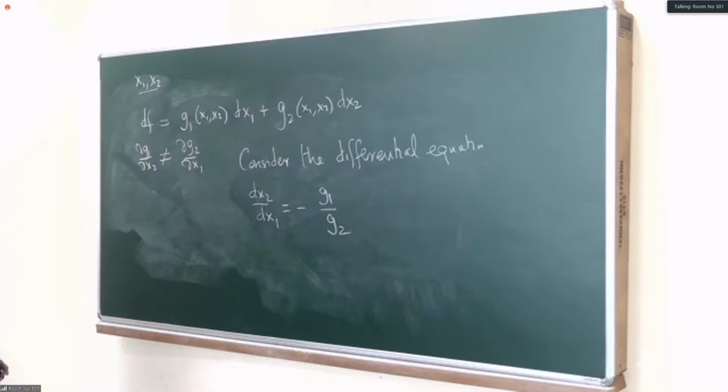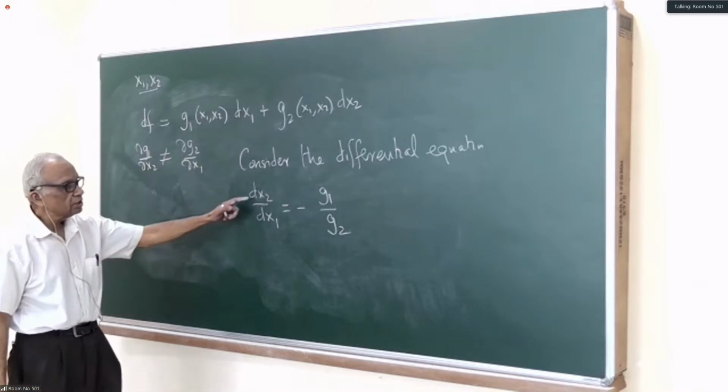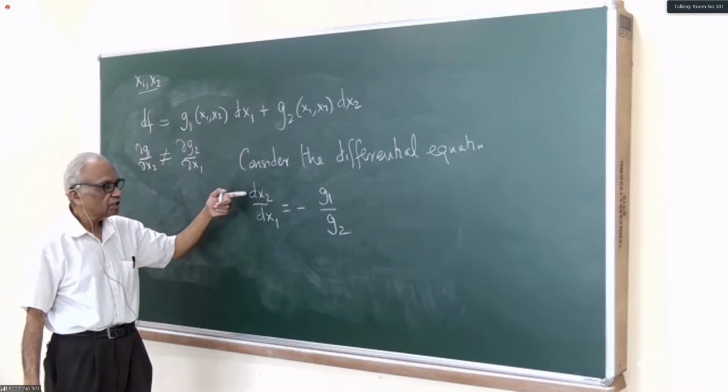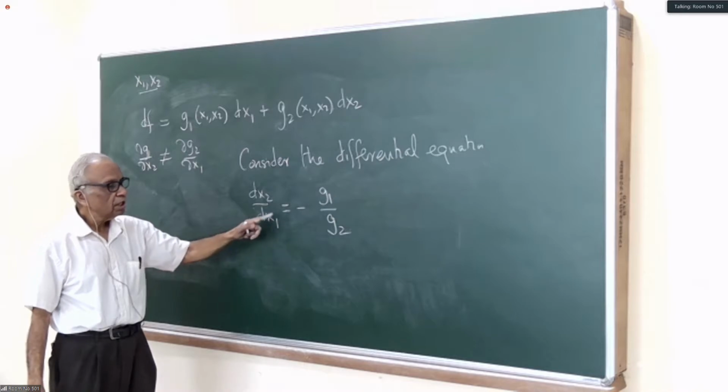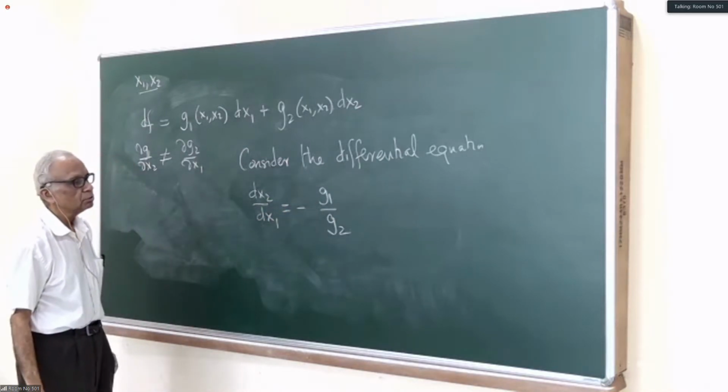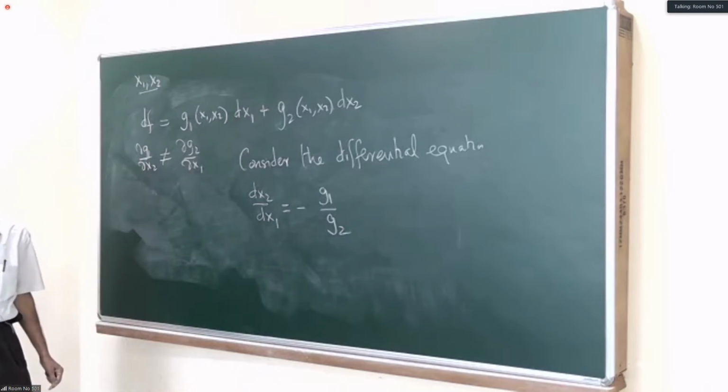So I want to consider the differential equation, which is dx2 dx1, the derivative of x2 with respect to x1, given to me as minus g1 by g2. So I will look at the differential equation given by this.